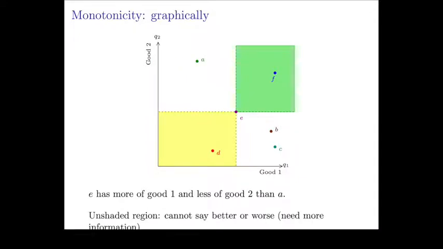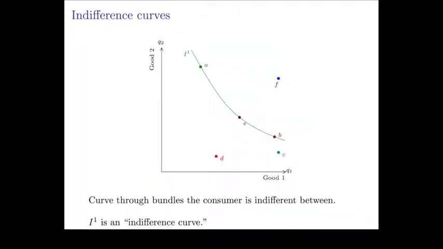So by the same reasoning, we can't really say whether any other bundle in this unshaded area is better or worse than E. So the indifference curve would have to pass through that unshaded area.